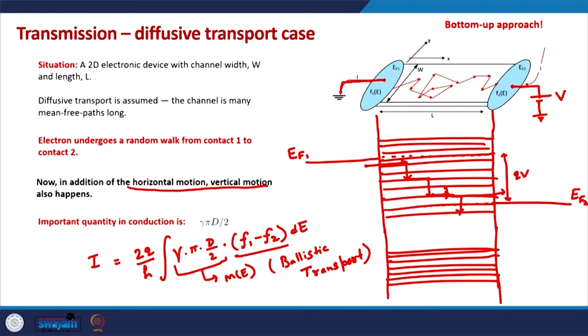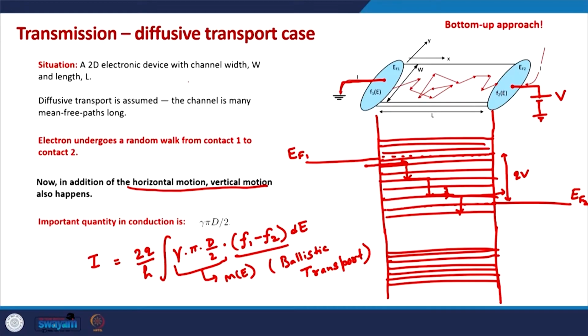Now, in this case we can guess that when the electrons are colliding with many intermediate atoms or other entities, the transit time of electrons will increase. So, we can definitely say that the transit time of electrons in the case of diffusive transport is more than the transit time of electrons in the case of ballistic transport.